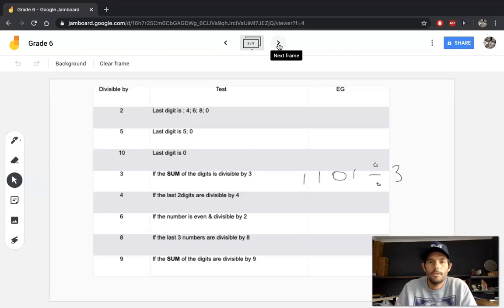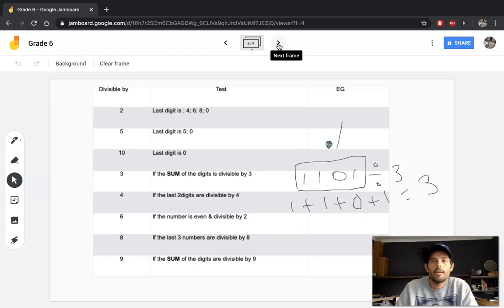That's quite a mouthful. What they mean is if I add these individual digits, 1 plus 1 plus 0 plus 1, and my answer is a number that can be divided by 3, then the original number can be divided by 3. So 1 plus 1 plus 0 plus 1 is equal to 3. Therefore, 1,101 can be divided by 3. That's the rule for 3.